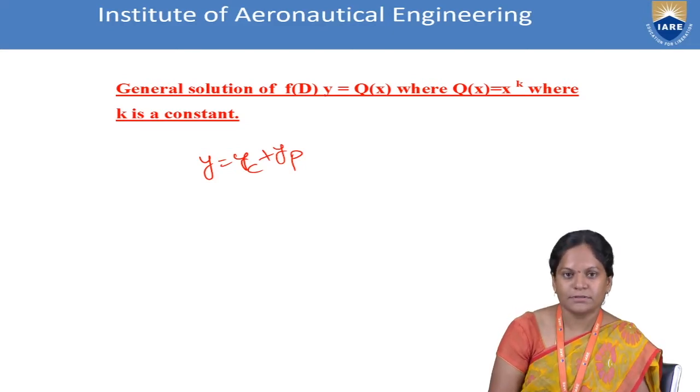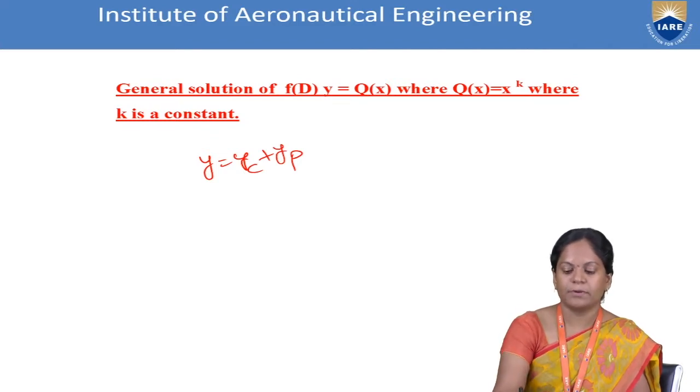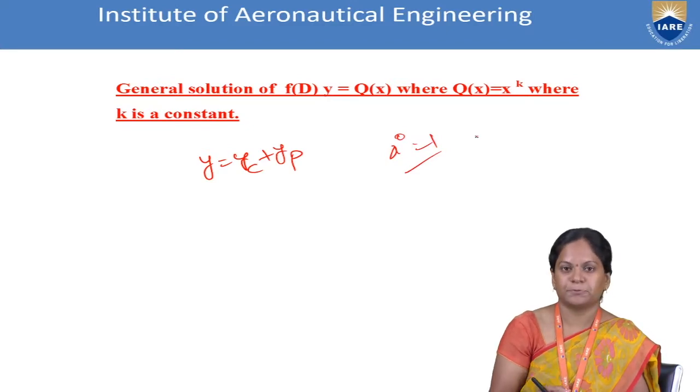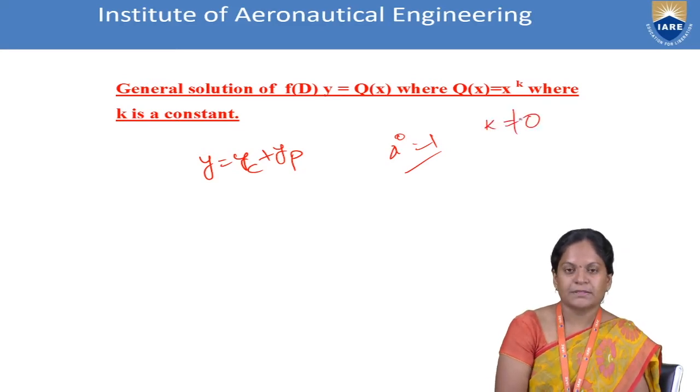In the first method, Q of x is the exponential function e power ax, and in the second case, Q of x equals sin ax or cos ax. In this case where Q of x equals x power k, k must not be equal to 0. If it is 0, x power 0 becomes 1, which can be handled by either the first method or this third method. So better that k is not equal to 0.